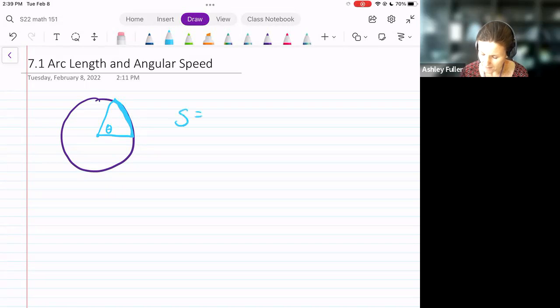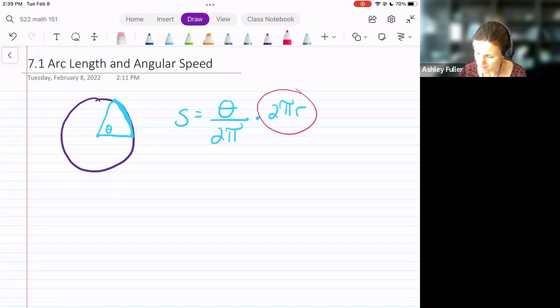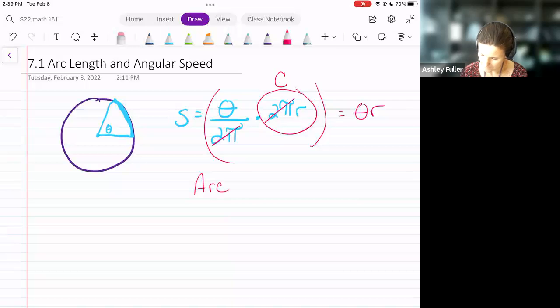The arc length is what portion of the circumference we've traveled. Arc length is defined as theta over 2 pi, so that radian measure divided by 2 pi, times the circumference. Remember, this is circumference. And when we calculate that, notice the 2 pi's cancel, and so theta r is defined as our arc length.